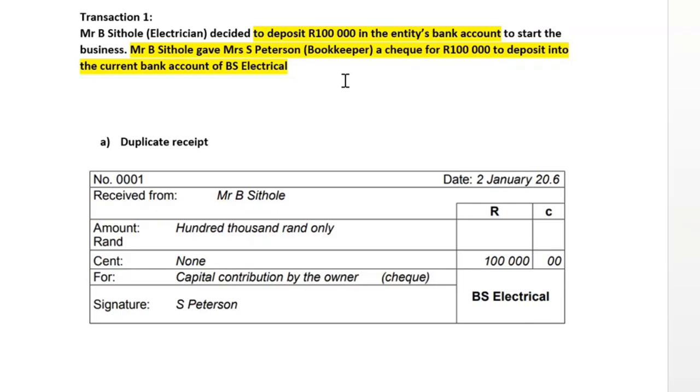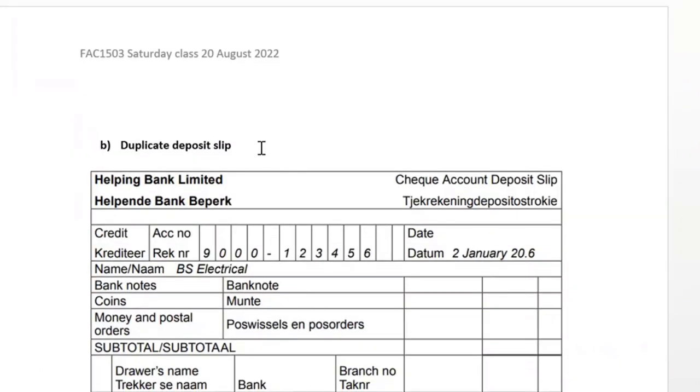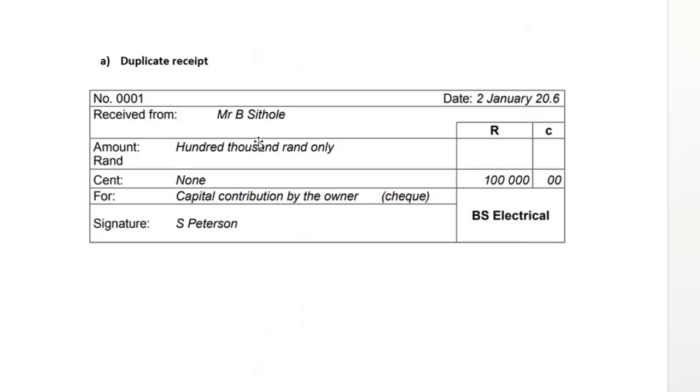That's why we're not including the check as a source document, because the check didn't come from BS Electrical. So the source documents that will be used to record in the books of BS Electrical are this duplicate receipt and this duplicate deposit slip.